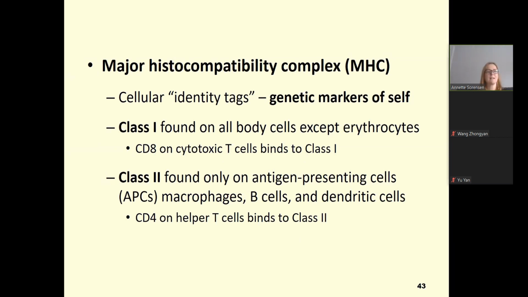Unlike class 1, class 2 is found only on antigen-presenting cells. These include macrophages, B cells, and dendritic cells. And T cells bind to class 2 MHC.